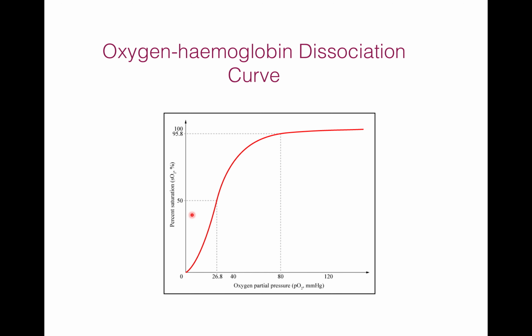This curve shows that there is a progressive increase in the percent saturation of hemoglobin with increase in partial pressure of oxygen up to a level when it becomes constant.